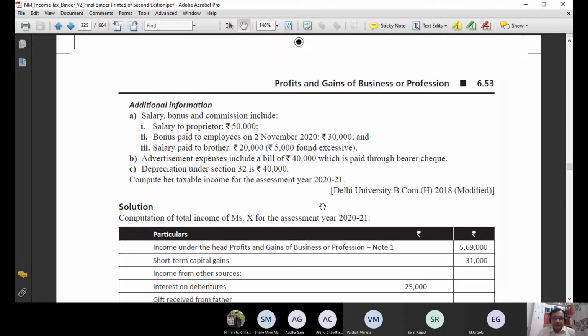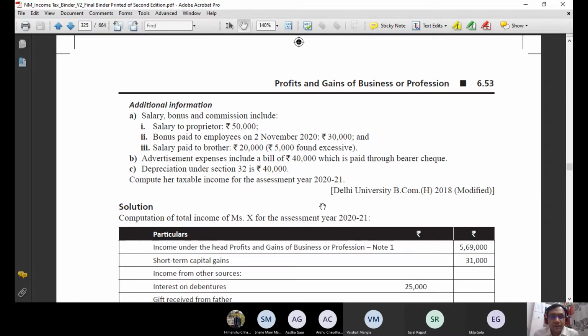Let us start solving the case. I simply discussed the P&L account with you. The main purpose always should be that you start from the additional information. So now I will stop sharing the question and I will come to the Word file. I hope you have taken this screenshot.